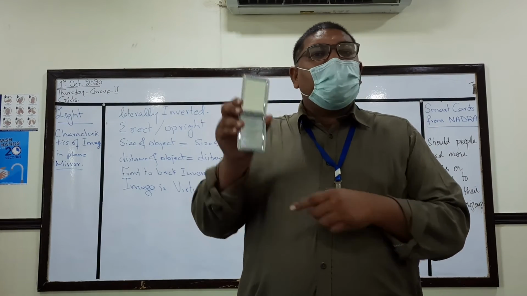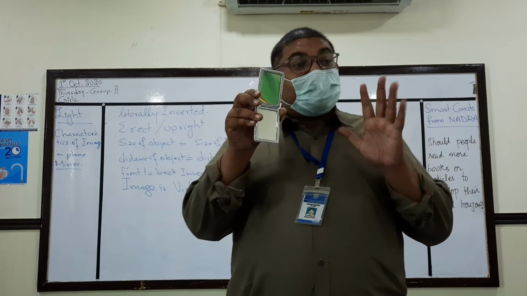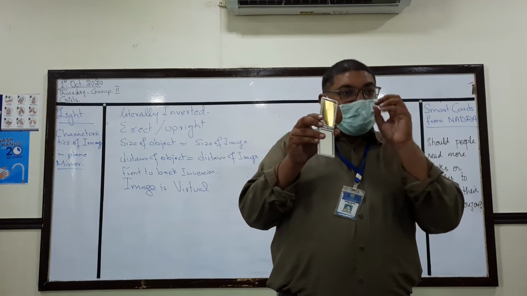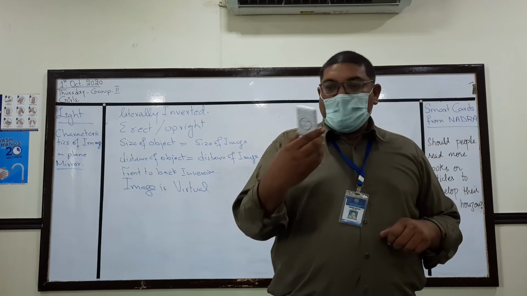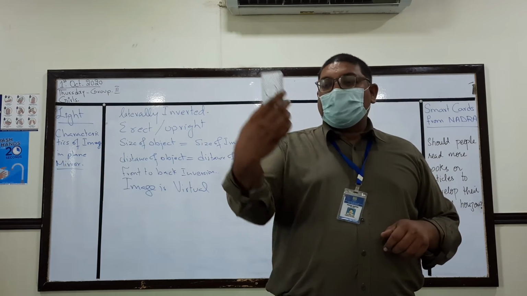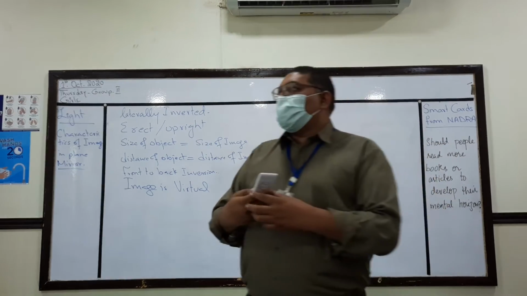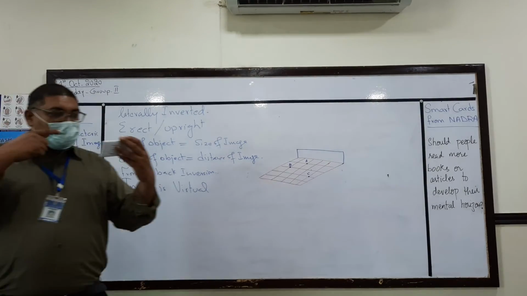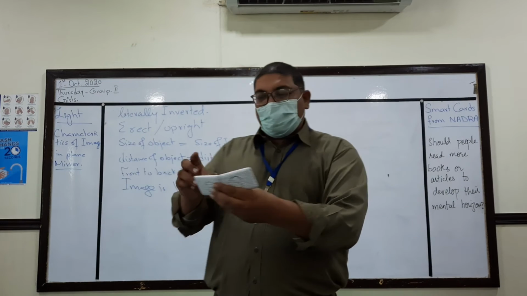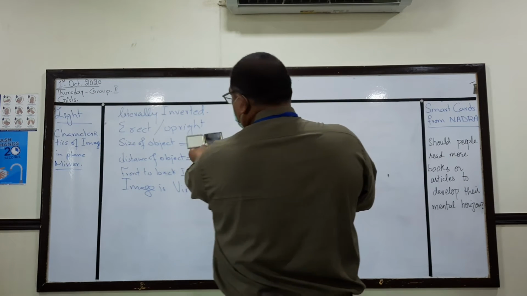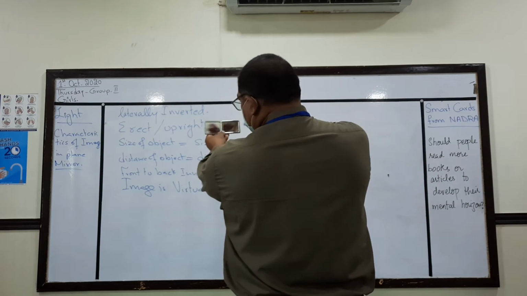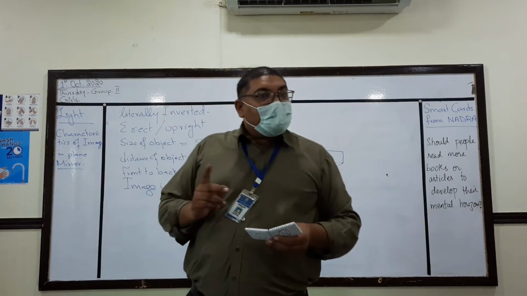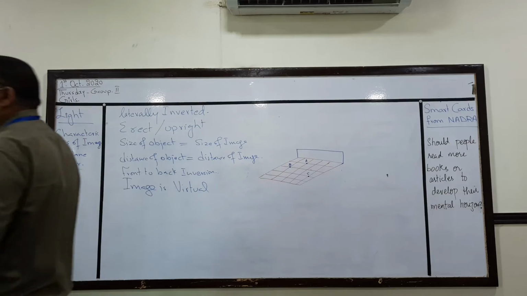Because in this mirror the size of my face does not change. But when I look at this, it is kind of zoomed in. It shows bigger. So the real image, you see, when I look here, I can see my image which is inside the mirror. That's virtual image. But this mirror can also make a real image.